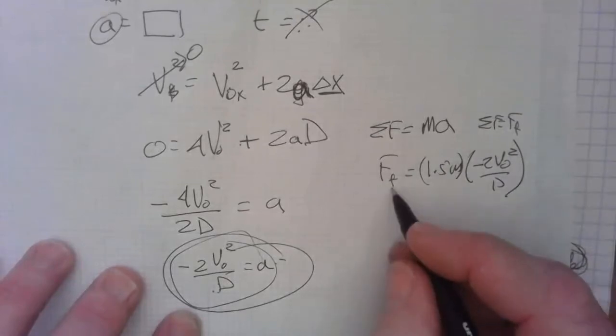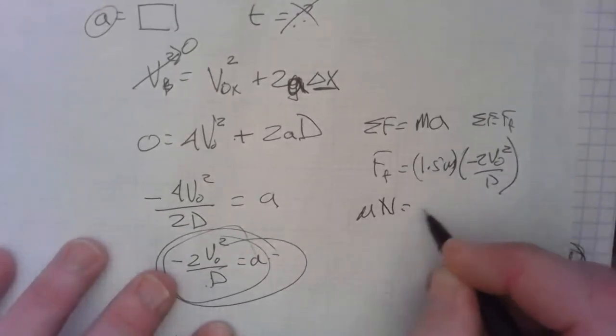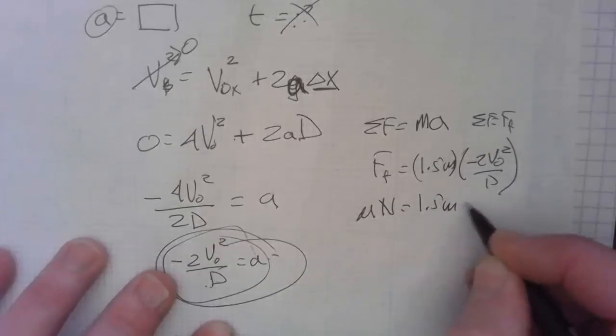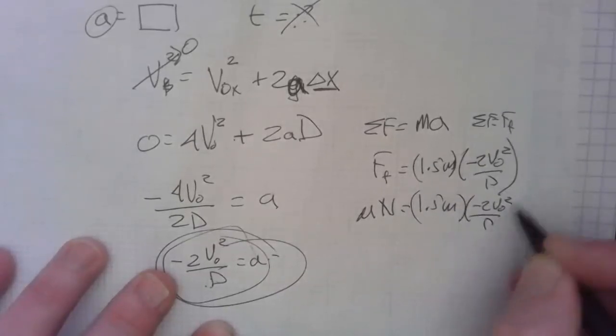But friction, the formula nobody remembers, is mu times the normal force.